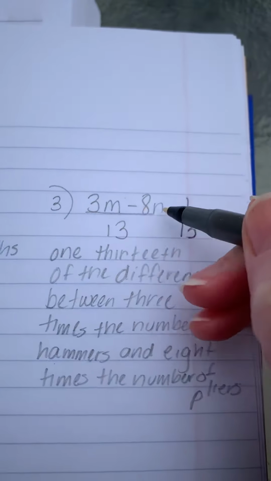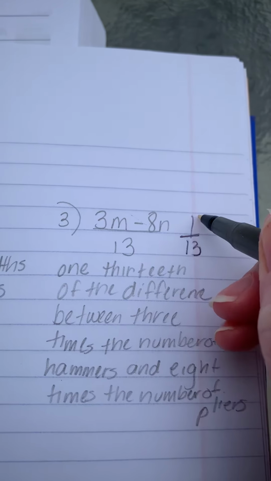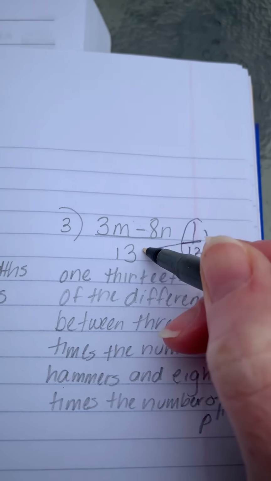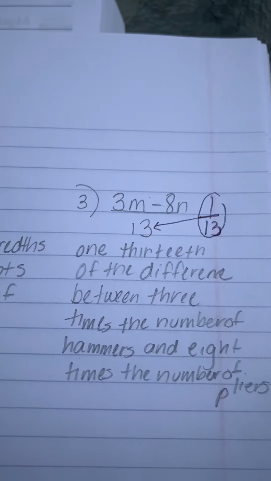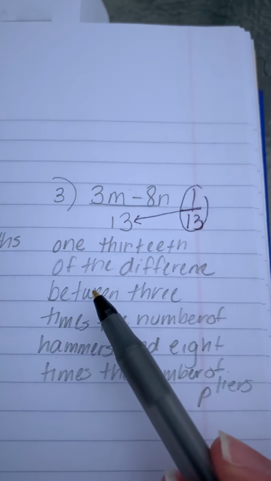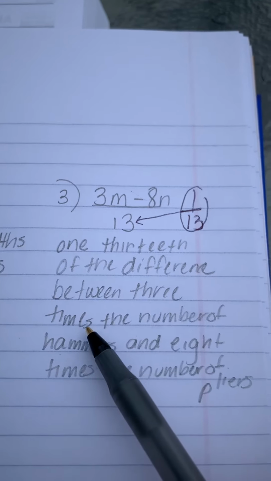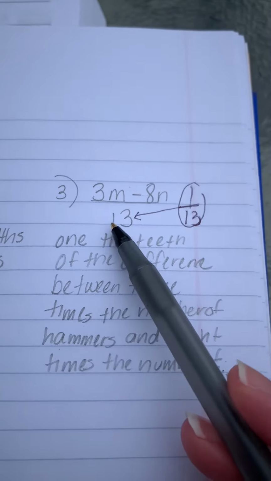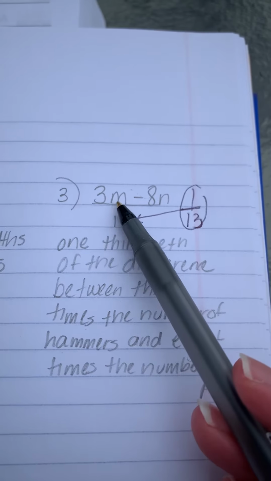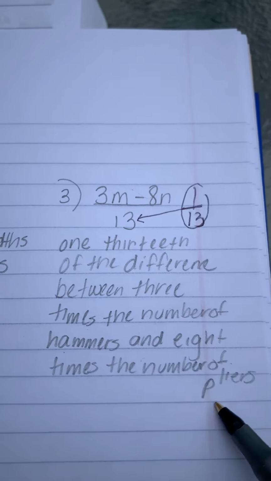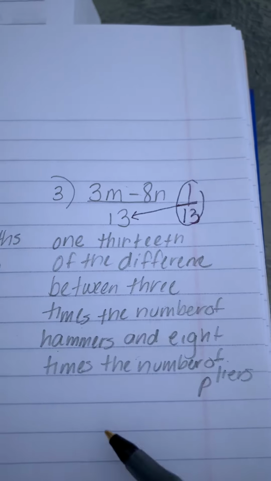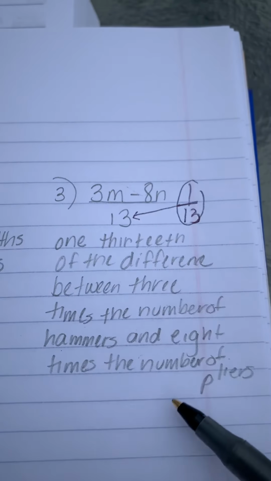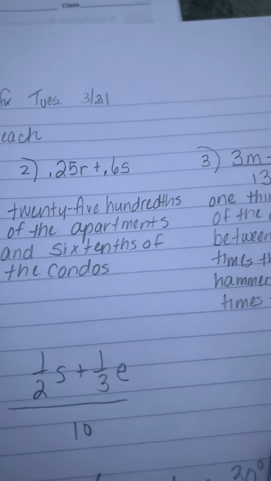That's the same thing as writing it as this: 1/13 of the difference between 3 times the number of hammers, just use that for hammers, and 8 times the number of pliers. Probably should have used an H and a P to make better sense out of that.